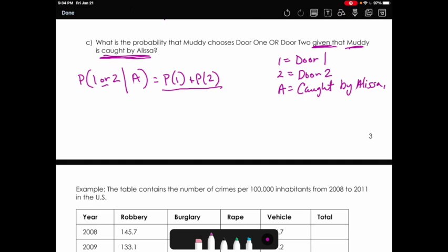And then once we find the probability of 1 and 2, we need to take that out of 19/60, because that is the probability in which Muddy the Mouse is going to get caught. And remember, we're making that assumption that the mouse is caught by Alyssa, so we need to make sure that we use that total rather than 1.